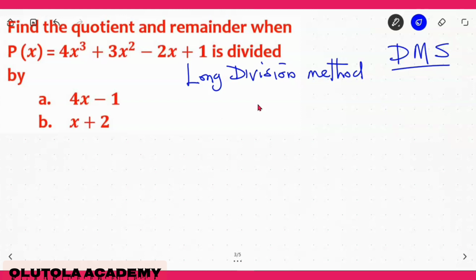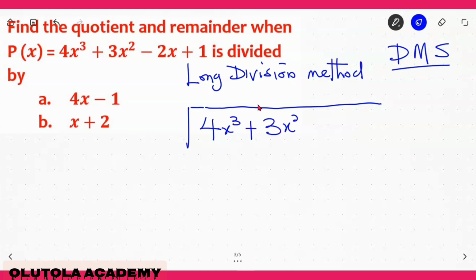So what I do is draw this, the way we do this. Okay, so I put the dividend, which is 4x cubed plus 3x squared minus 2x plus 1. I'm dividing with 4x minus 1.